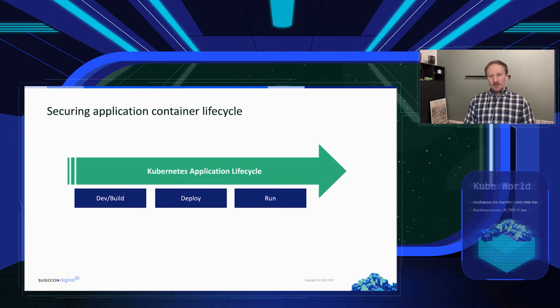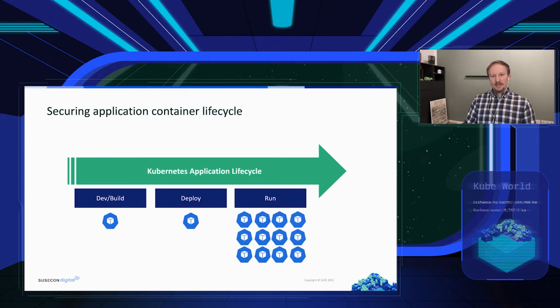And then during the run phase, this is where we may need to detect new threats that occur, like, for example, a malicious process that suddenly runs in a container. As you move from left to right, this job gets infinitely more difficult because you may start with a single image during the dev build phase, a single set of configuration files during deploy phase, but you may end up with dozens or hundreds of instances of this image and configuration.